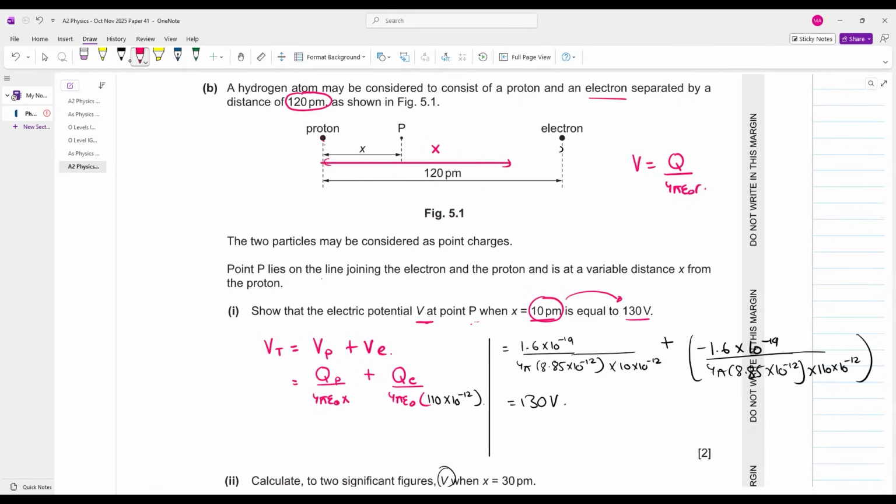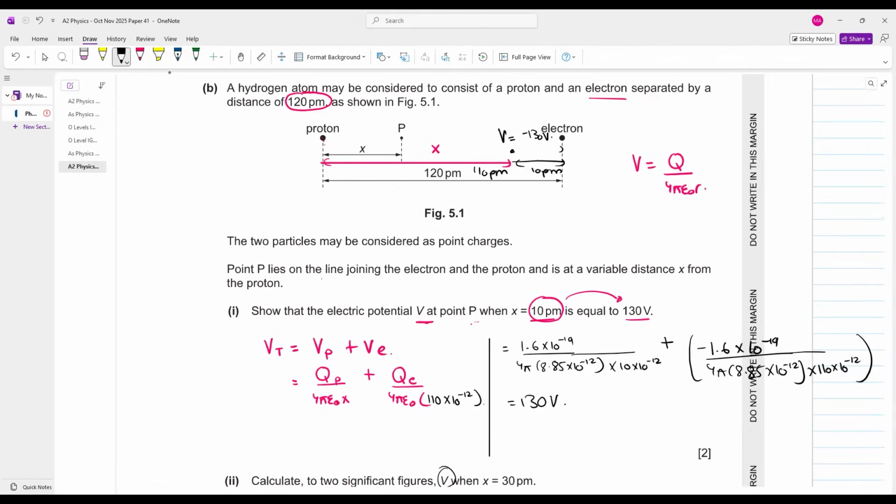When x equals 110 picometers, and the distance from the electron is 10 picometers, at this specific point, your electric potential will be equal to what? When the distance from the proton is 110 picometer and the distance from the electron is 10 picometer, your electric potential will become negative 130 volts.